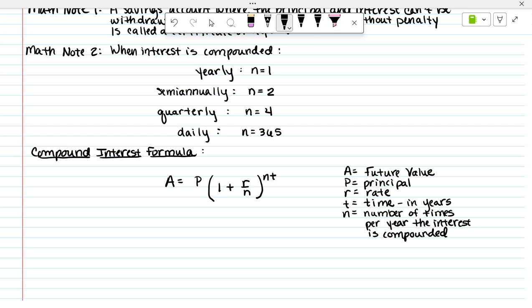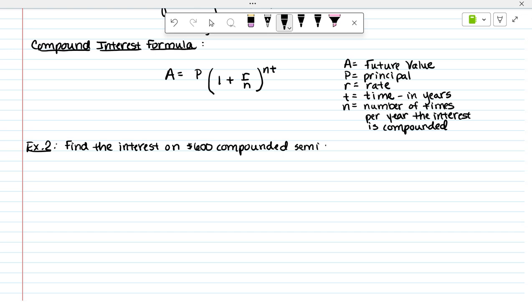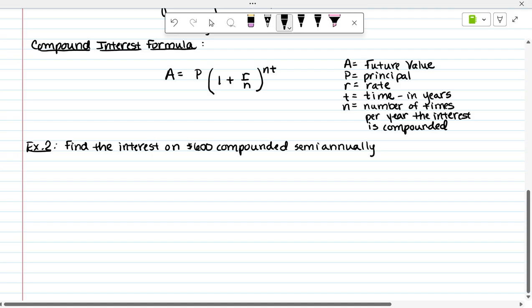Okay, so let's look at example 2. Example 2 says, we want to find the interest on $600 compounded semi-annually at 4.5% for 6 years.